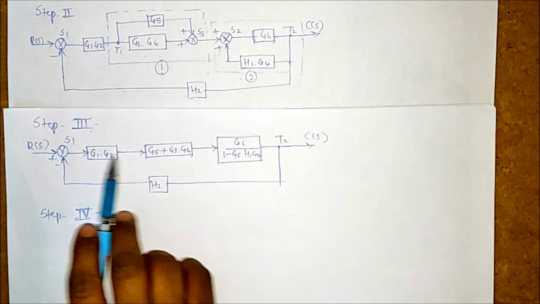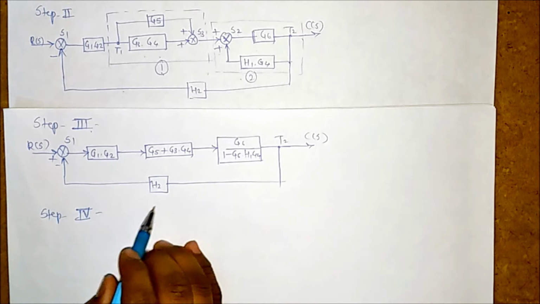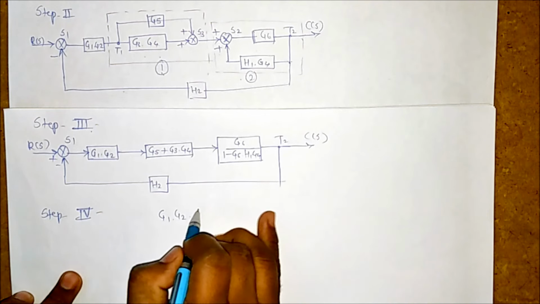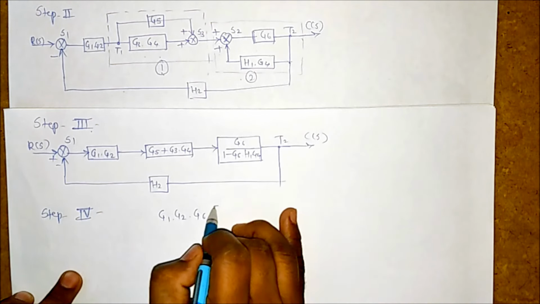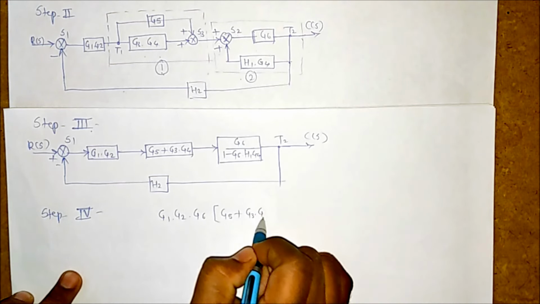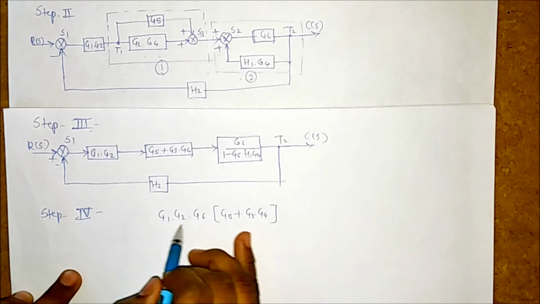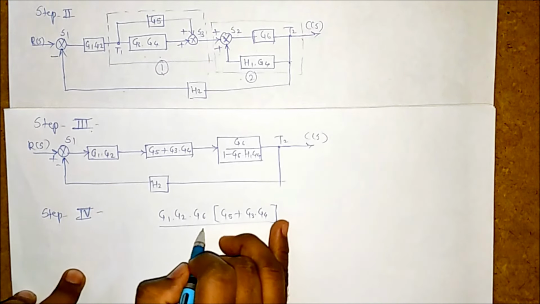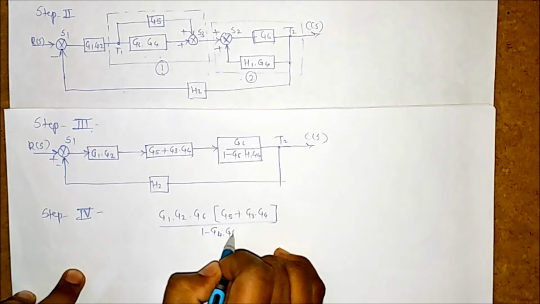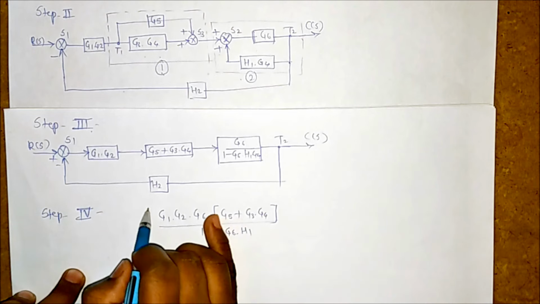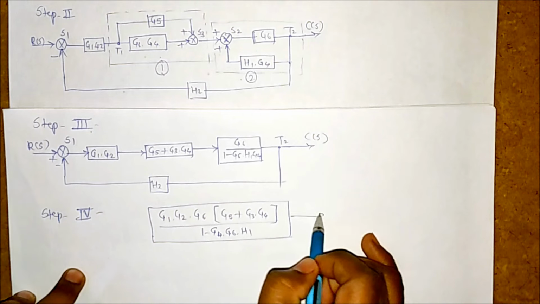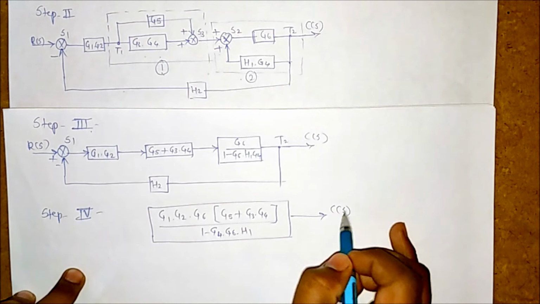When all blocks, or three blocks, are in series, I am directly writing down the answer here: G1 into G2 into G6 into G5 plus G3 into G4, divided by 1 minus G4 G6 into H1. Here I have applied the series rule. This is the output C(s).